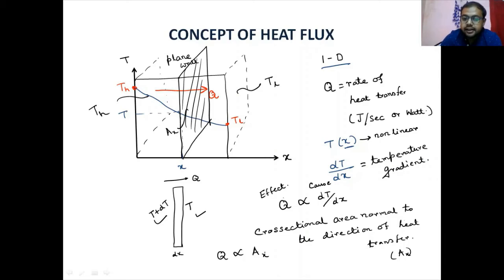So Q is proportionate with dT/dx, and Q is proportionate with AX. So we can say Q is proportionate with AX into dT/dx. Hence, for the sake of equality, Q is equal to K AX dT/dx. K is the proportionality constant.